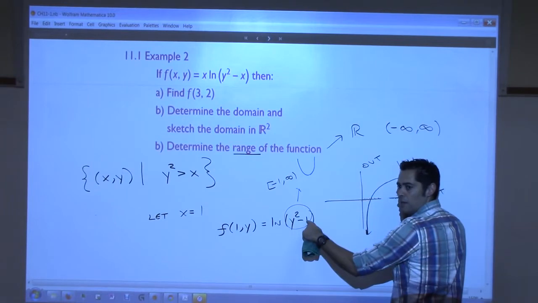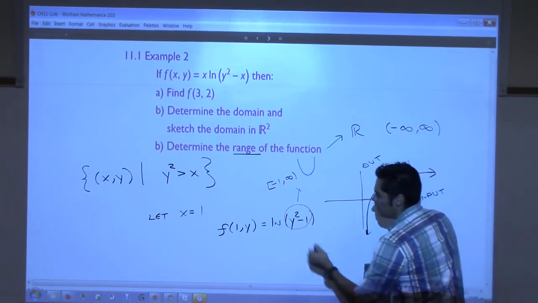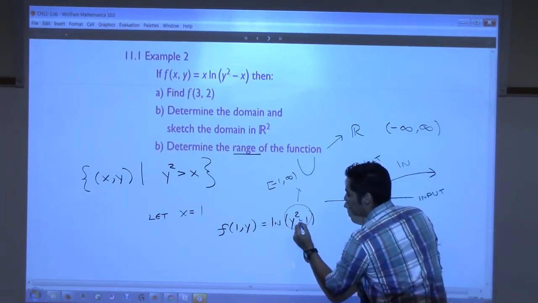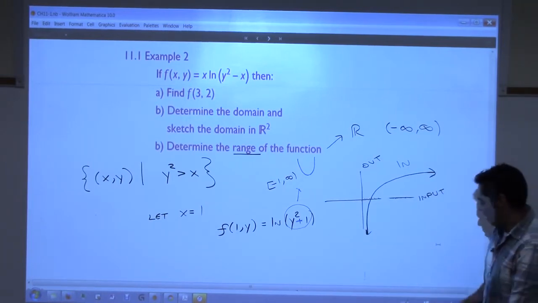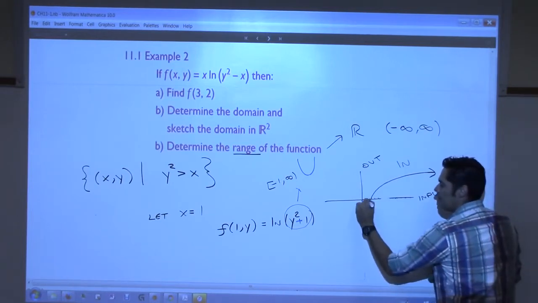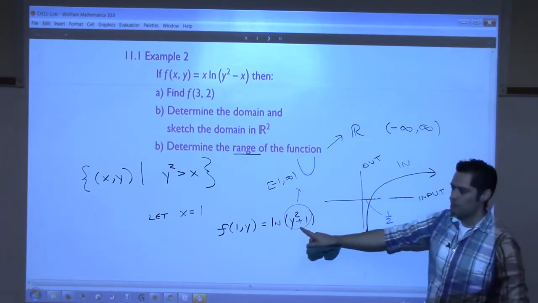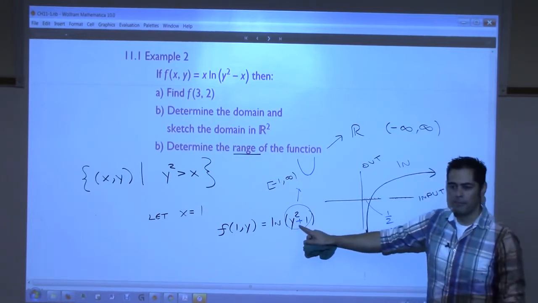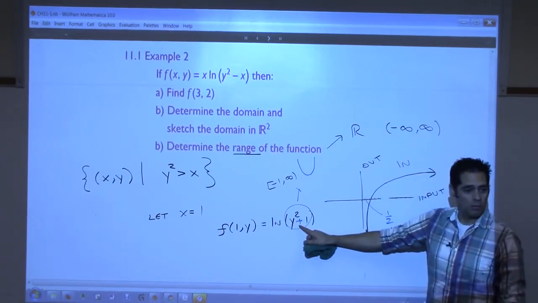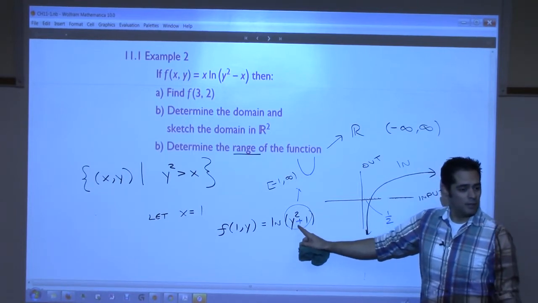Y squared minus 1. So let me show you an example. If I change this to +1, is it going to create everything? Can you get 1/2 out of this? Can you plug in a y and have it spit out 1/2? No. The smallest this is going to be is what? 1, right?